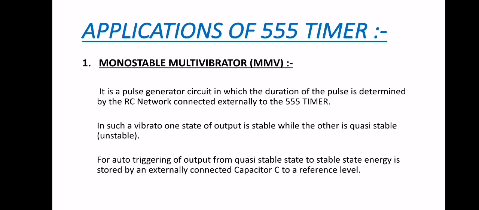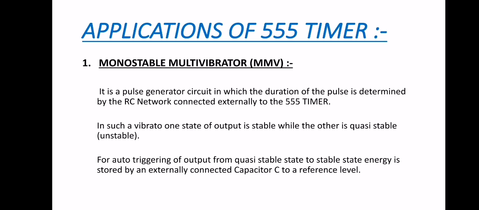As the name suggests, it is a pulse generator circuit in which the duration of the pulse is determined by an RC network connected externally to the 555 timer. In such a vibrator, one state of output is stable while the other state is quasi-stable, which is another name for unstable.